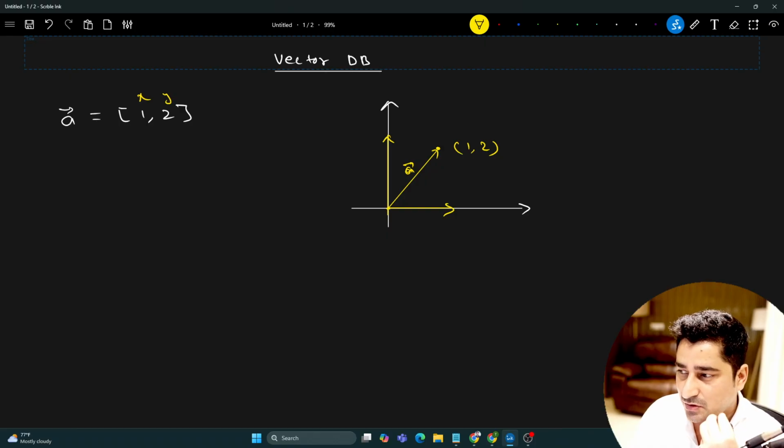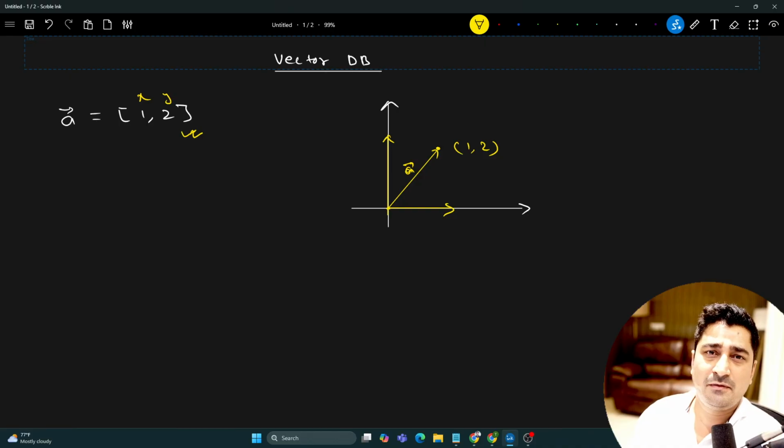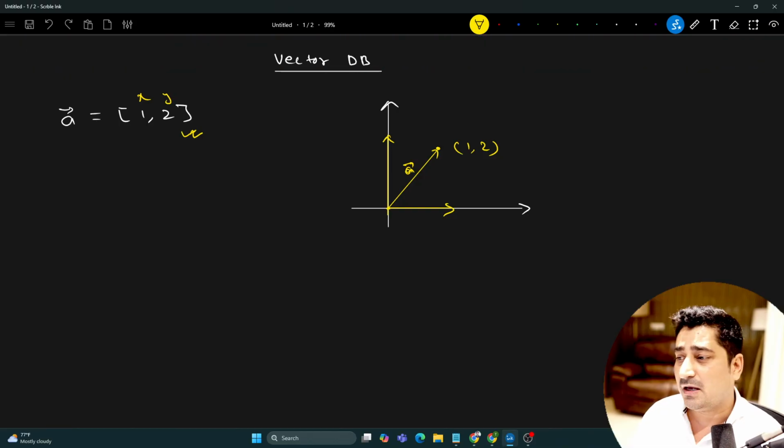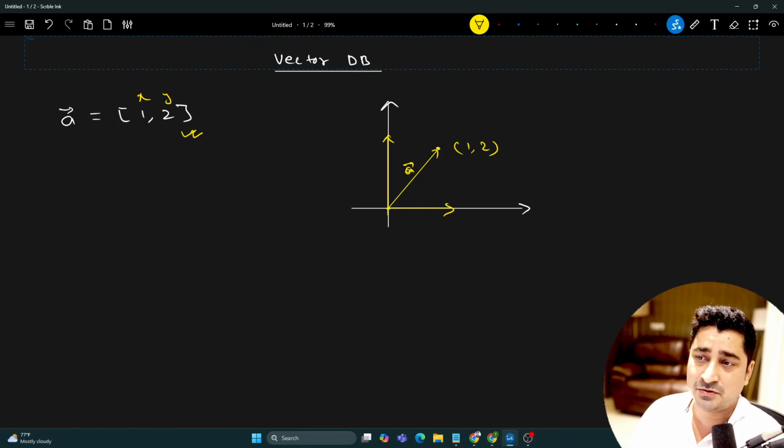We are trying to store our images, our text, maybe our entire movie file, or any kind of data in the form of a vector, in this particular format with a very high dimension. Maybe 1536 dimensions or something like that, or 1000 plus, or 500 plus dimensions. Eventually, we are converting the data into vector form.